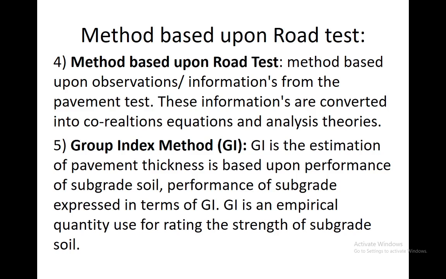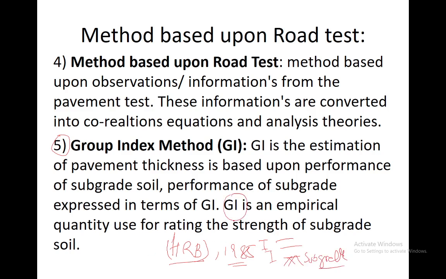The last method, the second last one, is the group index method. This method was suggested by the Highway Research Board in almost 1940 or 45. The method is basically the estimation of the pavement thickness, which is totally based on the performance of a subgrade soil, expressed in terms of group index, which is denoted as the GI method.